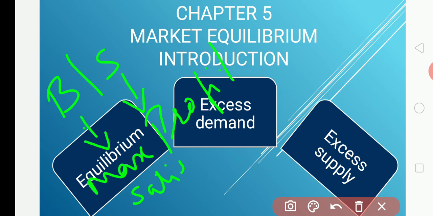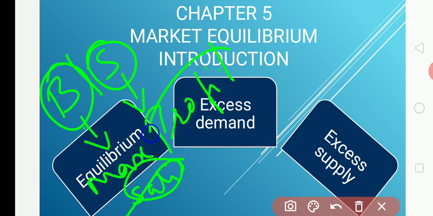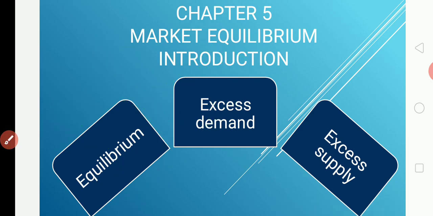We are bringing them together to see how an equilibrium situation is attained. For the buyers, maximum satisfaction; for the sellers, maximum profit. How will this become an equilibrium situation? First of all, we'll study what equilibrium is.